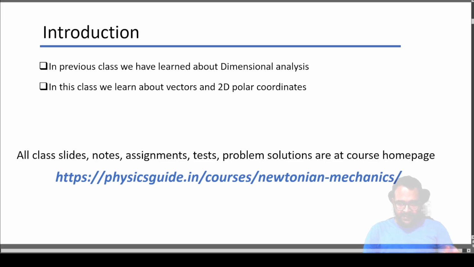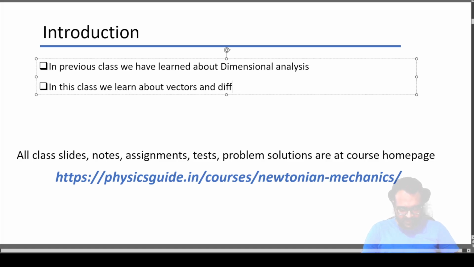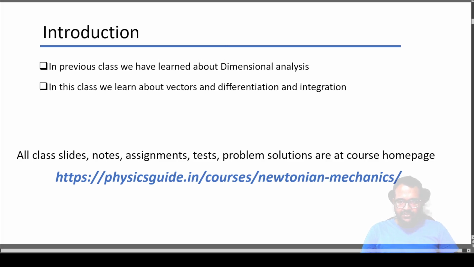So right now we go through the introduction. In the previous class we learned about dimensional analysis. And in this class, we'll be learning about vectors, 2D polar coordinates, differentiation and integration. Everything will be uploaded in the course homepage.